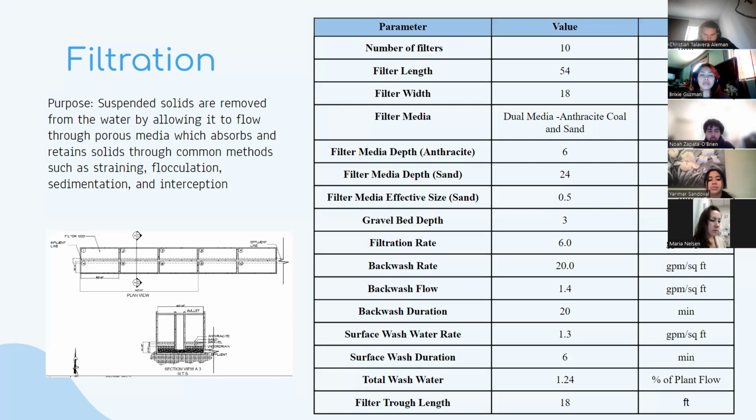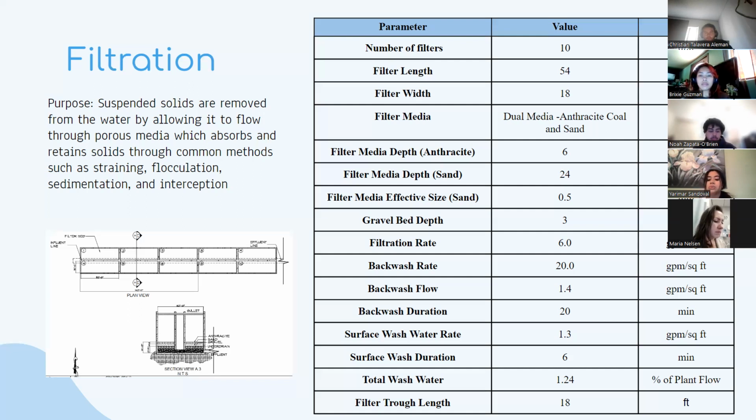Kind of just going into more parameters on the filtration rate, the backwash rate. Filtration rate would be 6 gallons per minute feet squared. The backwash rate would be 20 gallons per minute per feet squared. The backwash flow would be 1.4 gallons per minute feet squared.